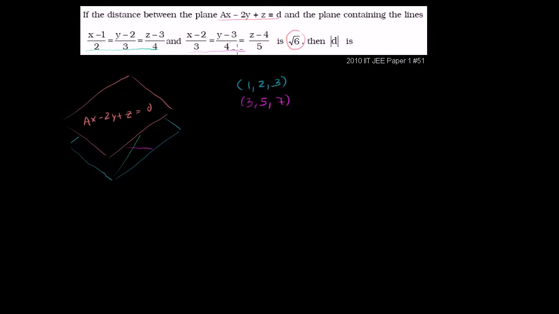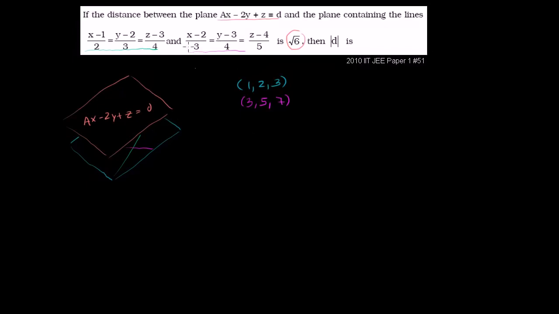And then let's do the same thing for this other line. Let's find points on this plane. Actually, we just have to find 1 point on this line, because if you have 3 points, that's enough to figure out two different vectors that aren't scalar multiples of each other, which would be enough to figure out the normal to this plane.